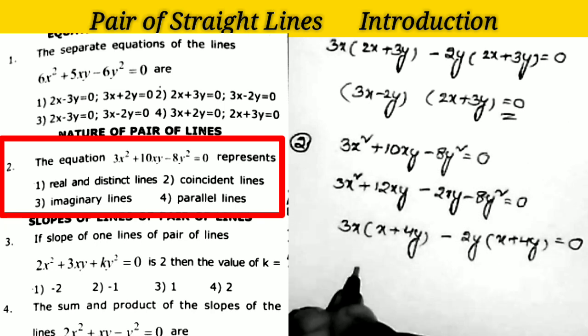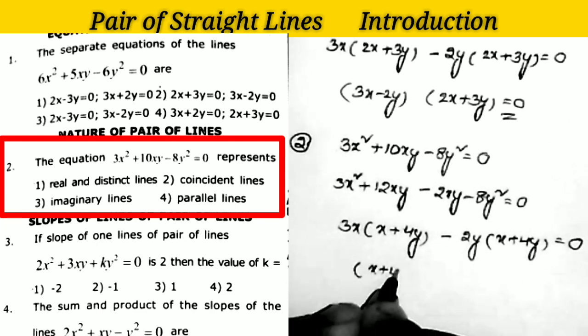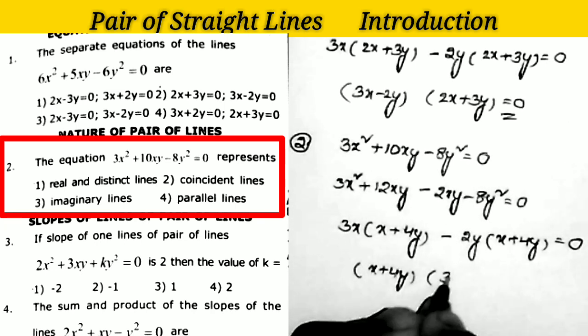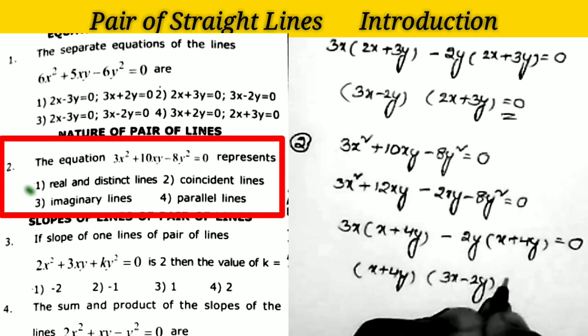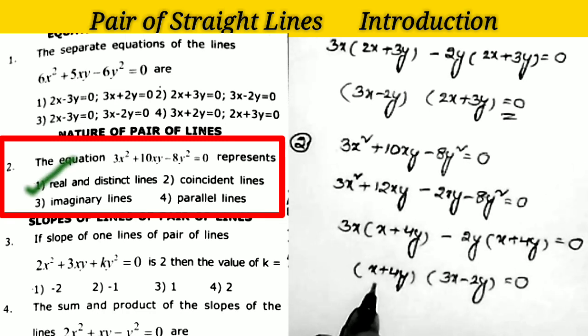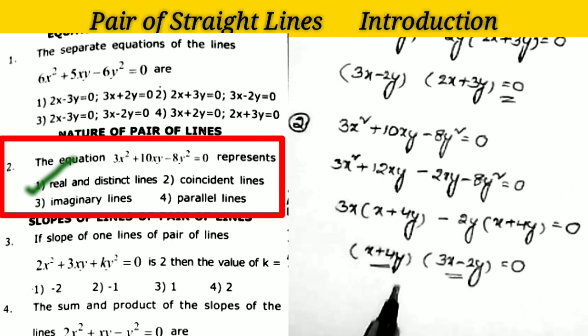Therefore the lines represented by this equation are x plus 4y into 3x minus 2y is equal to 0, means x plus 4y is equal to 0, 3x minus 2y is equal to 0. So it represents two equations which are in real numbers. So the answer is real and distinct lines. That is the first option.